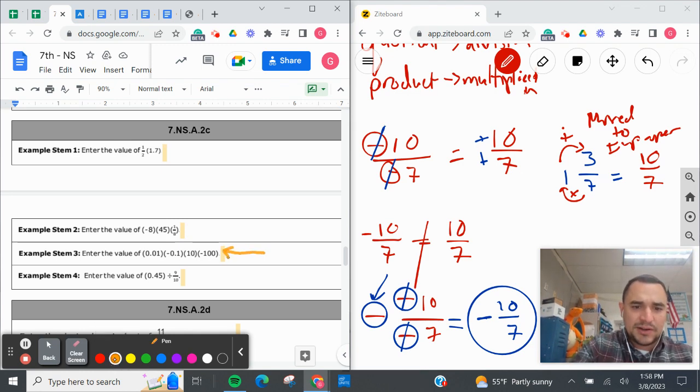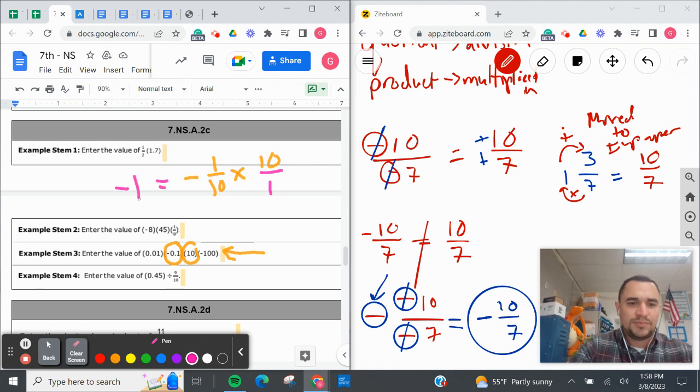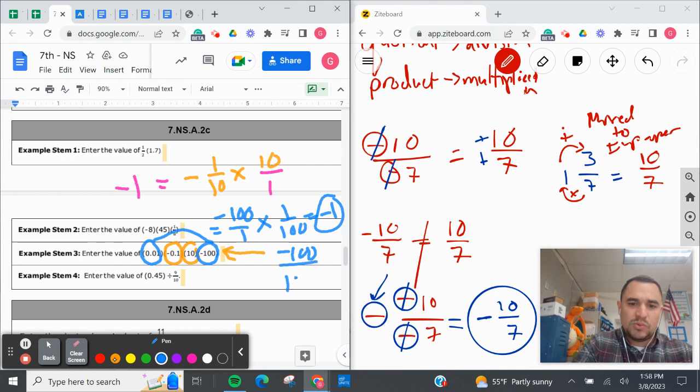I have this right here. Now this should be really quick. I have a -1/10 and a +10. So -1/10 times 10. And remember, 10 is just 10 over 1. So that equals -1. And then I have -100 and 100. So that means it's -100 over 1 times 100th. That equals -1, because it's -100 over 100.